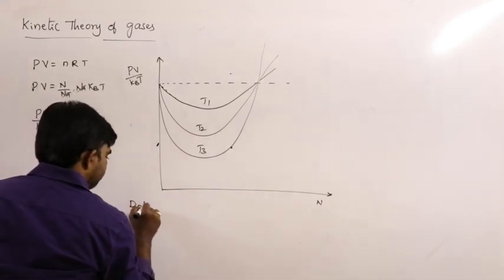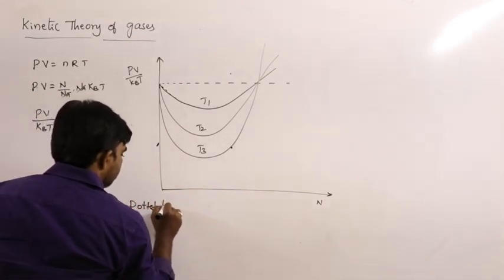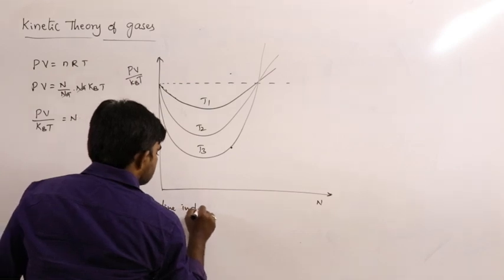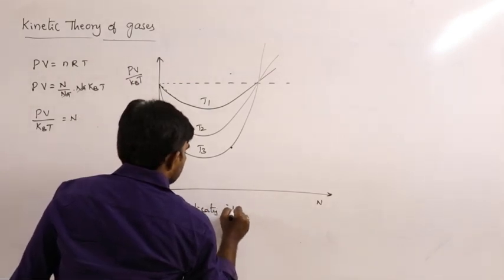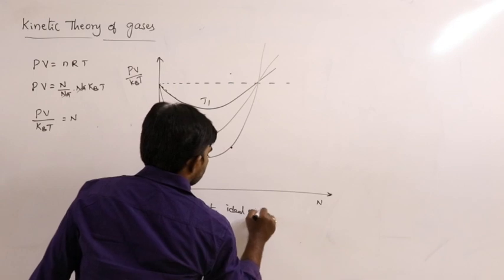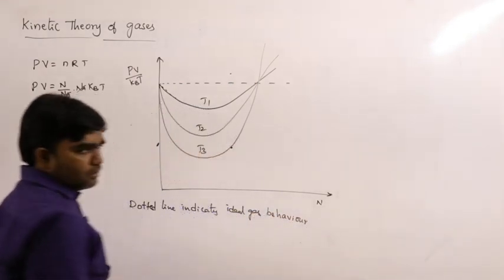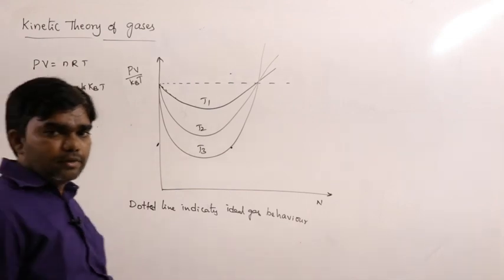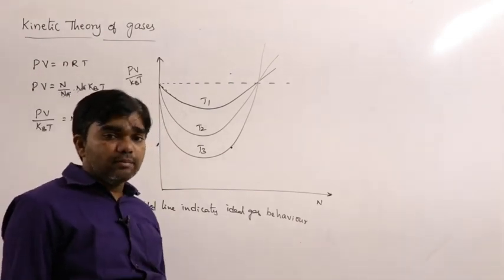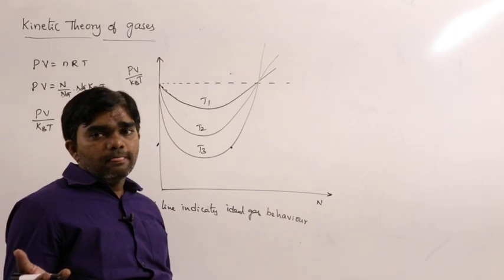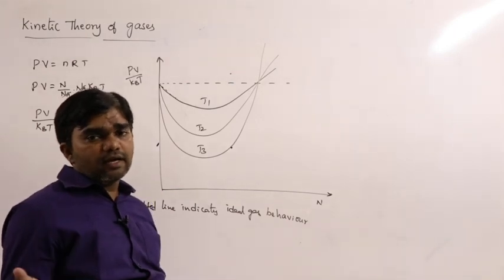So here the dotted line indicates ideal gas behavior. But generally, at low pressures and high temperatures, real gases also behave like ideal gases.